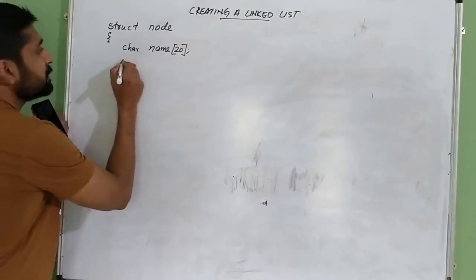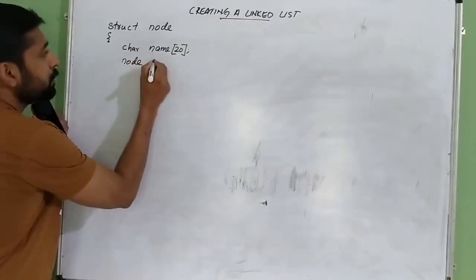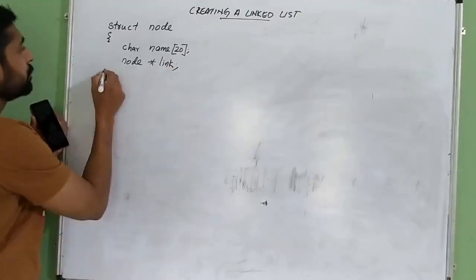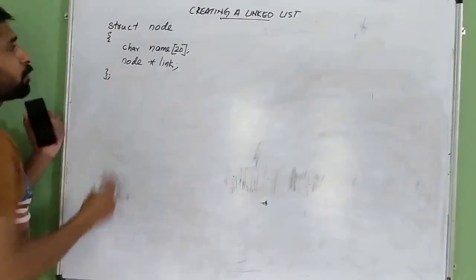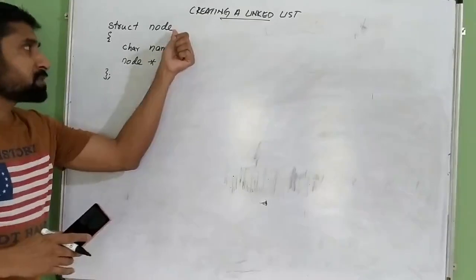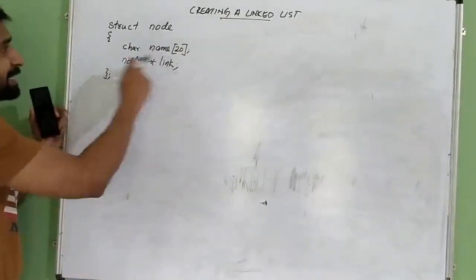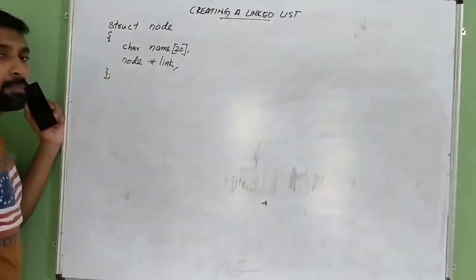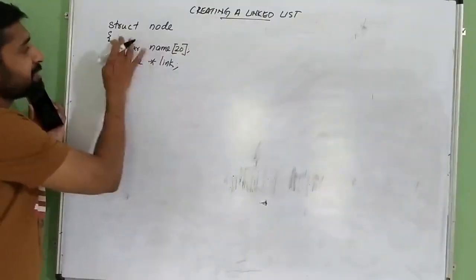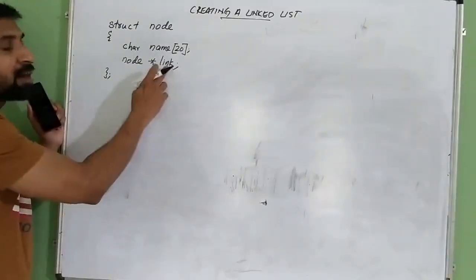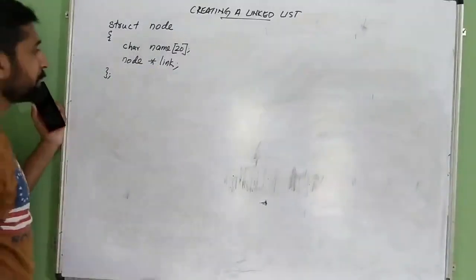The next one is node *link. So this is our self-referential structure. This is the template for our node. The name part is the data part, and the second one, *link, is the link part.